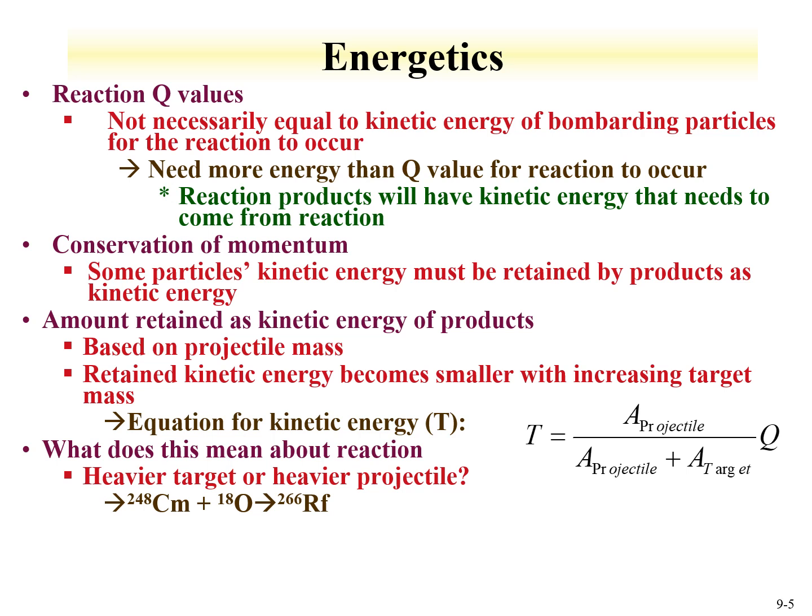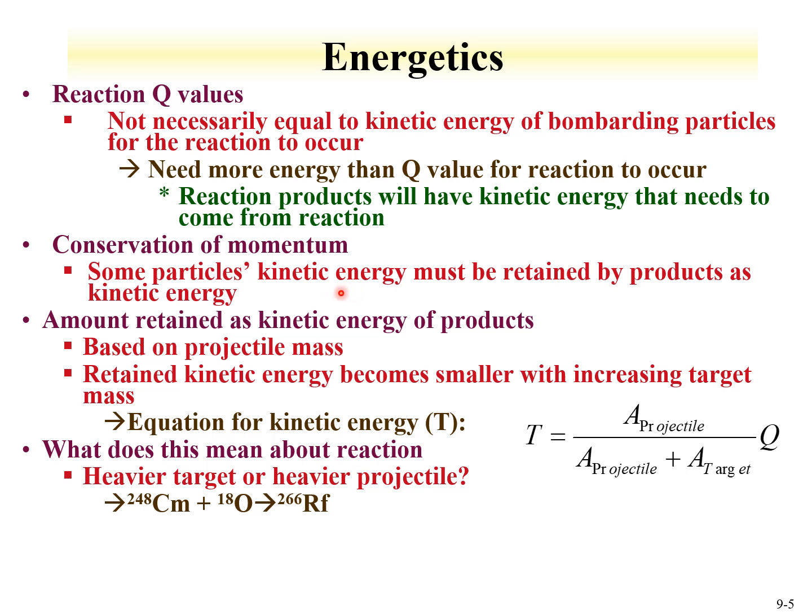The Q value, as we'll see, is a center of mass quantity, and we need to convert this to the laboratory frame. This is due to the conservation of momentum. The particle kinetic energy must be retained as products' kinetic energy. So in other words, all the energy of the system that's defined by the Q value is not necessarily available just for the reaction. Some has to go into moving the resulting products.